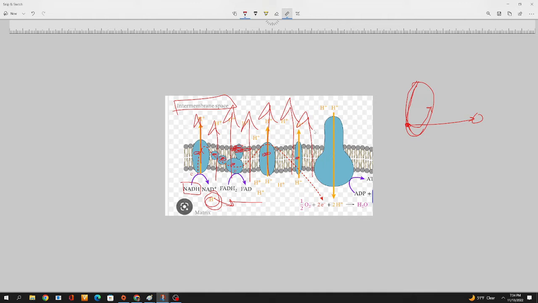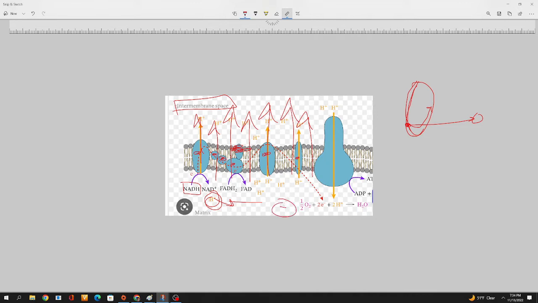Okay, and that's going to be really significant for the following reason. The protons are now a positively charged atom in a very positively charged region. Remember that things that have the same charge do not like one another. They repel. So as a result, the proton is going to be like, okay, I want to get down from here, and I want to go back into the matrix that is more negatively charged.